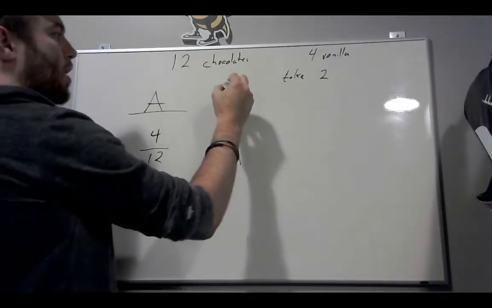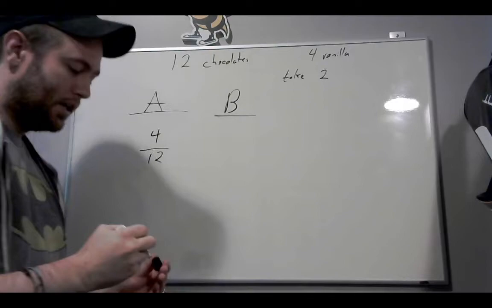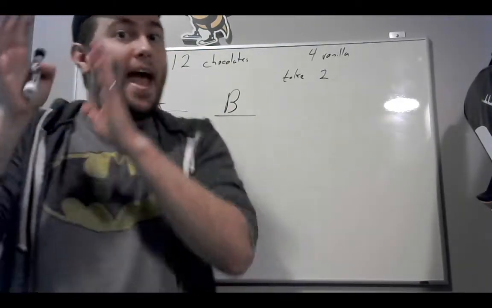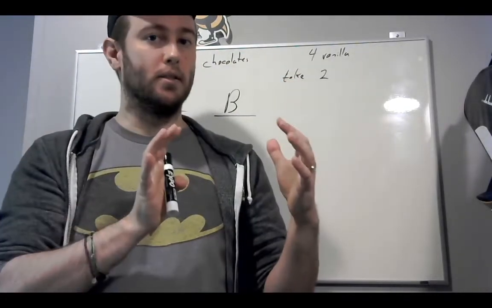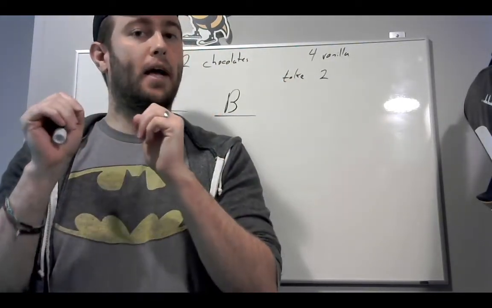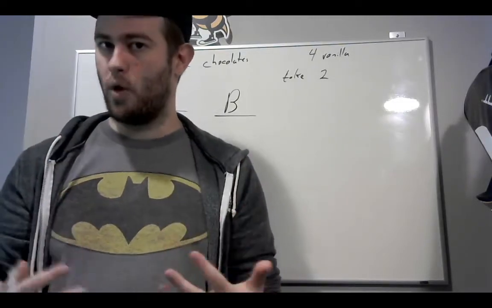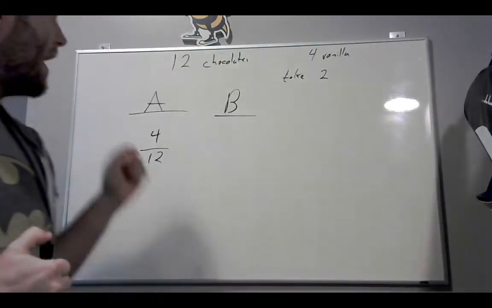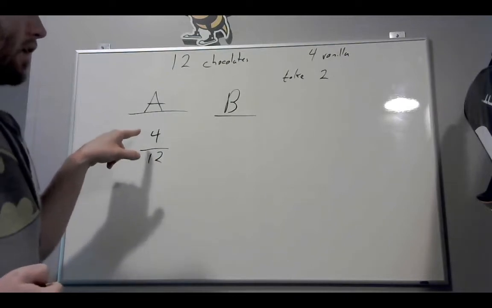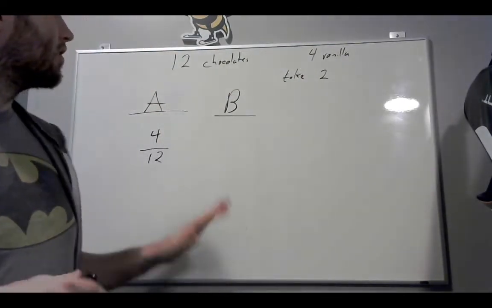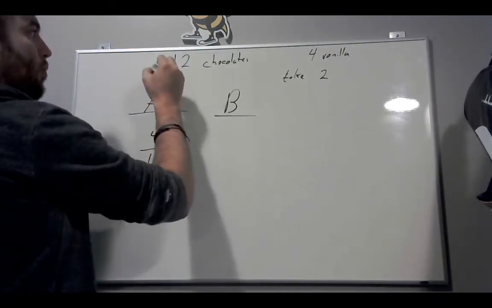So probability of B, so your probability of B is going to be that A has already happened. So we have to now think, hey, A happened, and it happened in the good way that we want it to happen. So we're saying, hey, we already picked, and one of the picks we picked was a vanilla. So now I'm trying to figure out the probability. So I've already done one pick.